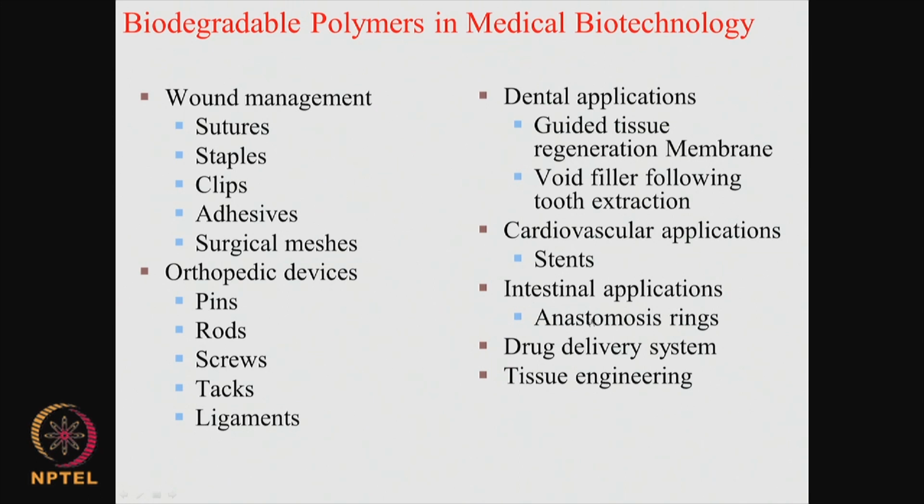Then intestinal applications, anastomosis rings, drug delivery systems, where you are delivering drug to your targeted site and then once the drug has been delivered, we want the polymeric material to completely degrade and disappear. Tissue engineering application, we use scaffolds for the tissue to grow.